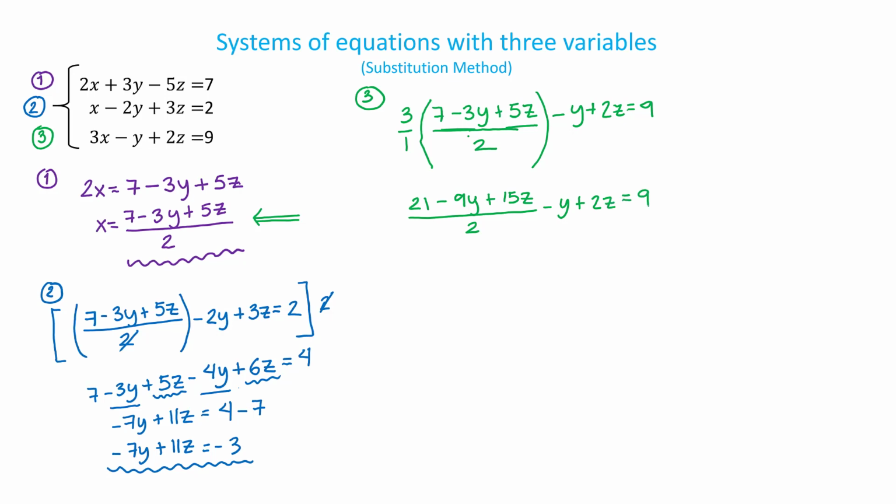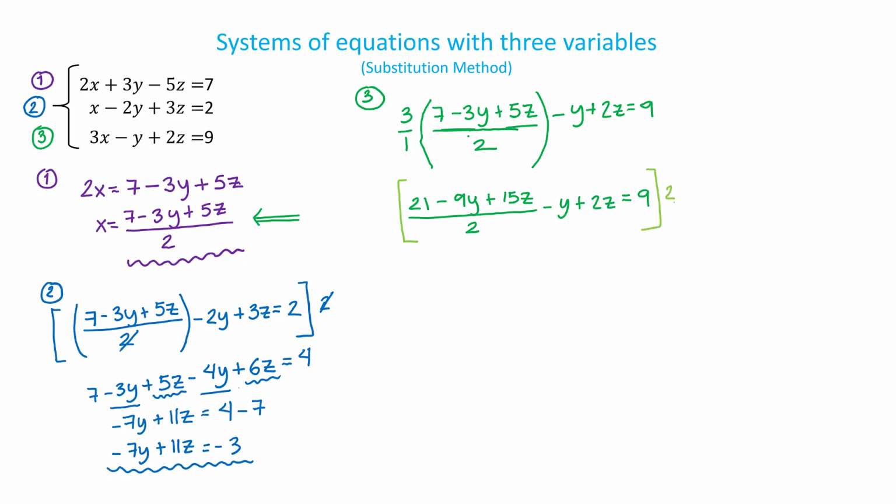Now, in order to get rid of this denominator, I have to multiply both sides of the equation times the number that I have in the denominator, in this case, times 2. So I will multiply everything times 2.